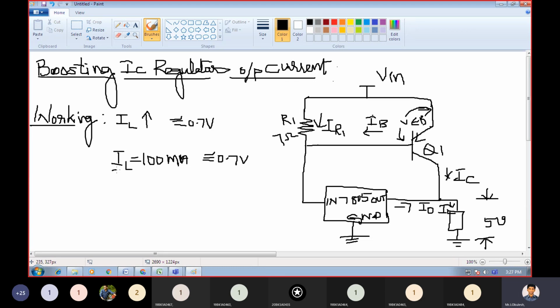If the load current value increases more than 100 milliamps, then Q1 will keep on in the active state and supply the extra current required. You need to see the diagram.